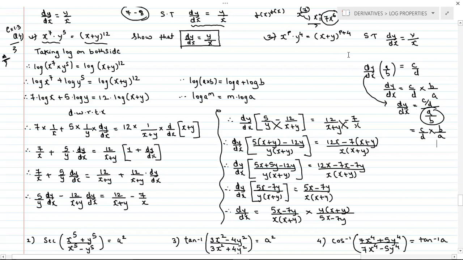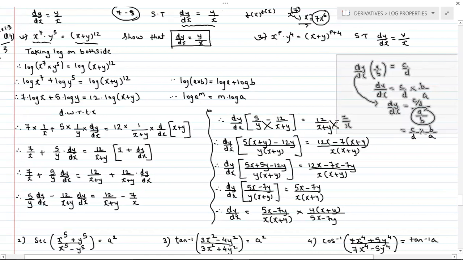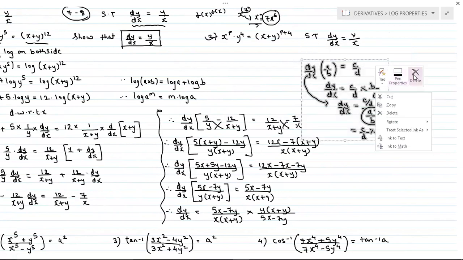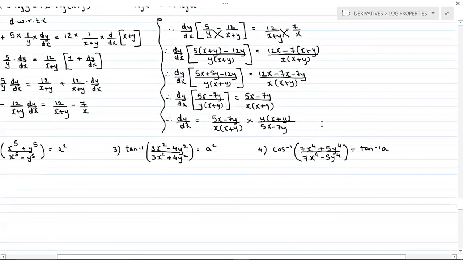So in short, you can shift this y times (x plus y) to the numerator, and you can bring this 5x minus 7y to the denominator, as I did in the next step.